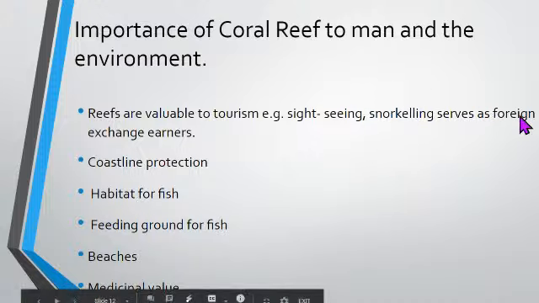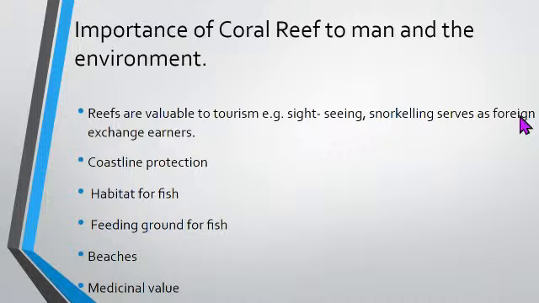When you're looking at the consequences of disrupting coral reef, it would be the fact that these things that were important, you no longer have. So if you remember things that are important to coral reef, it means that in your head, you already know the consequences of destroying the coral reef.